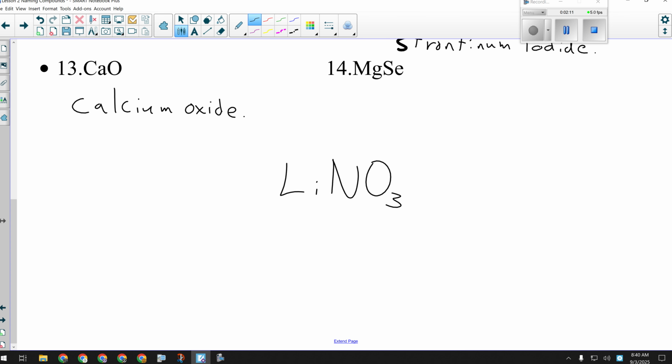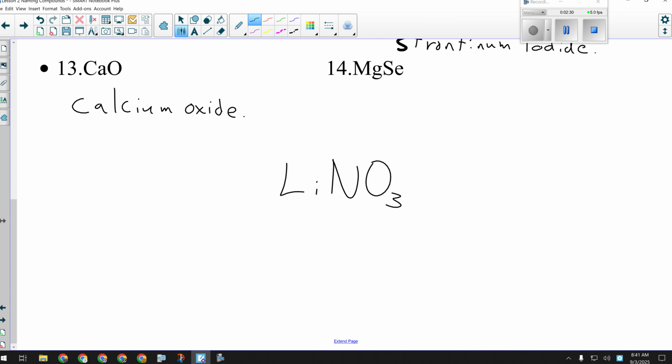The naming rules are exactly the same. I write the name of the metal, and then I write the name of the polyatomic ion, exactly as it appears up here. So that would be lithium nitrate. Ringing a bell from yesterday?